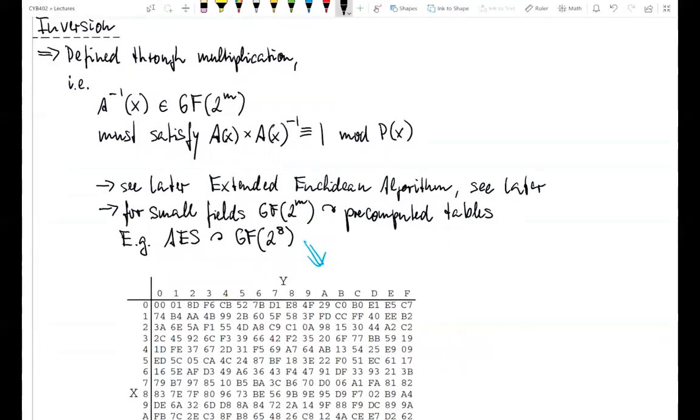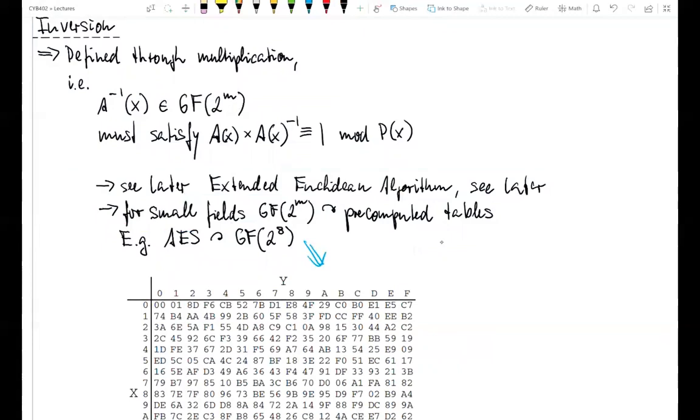So for small fields, Galois fields 2 to the n, what we can actually do is look up pre-computed tables. Okay.